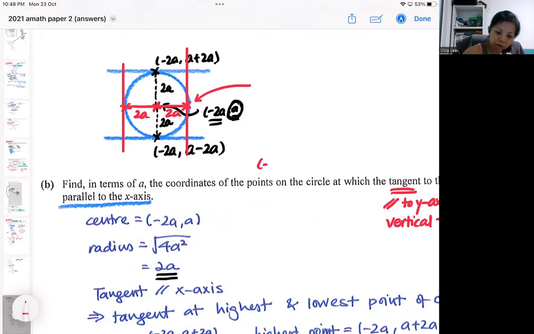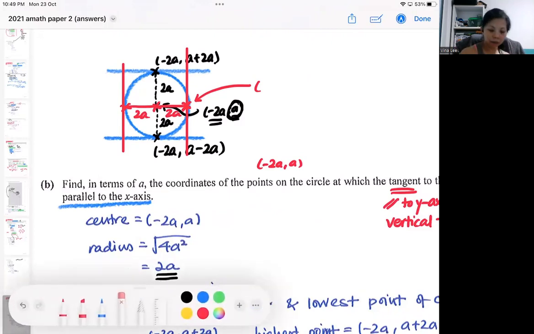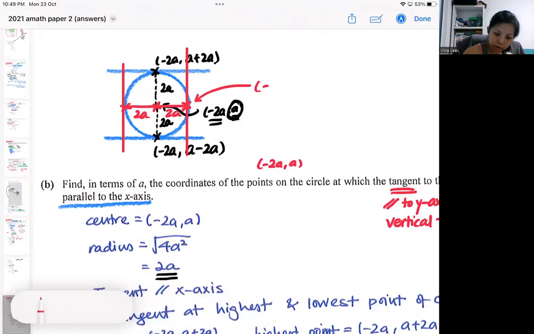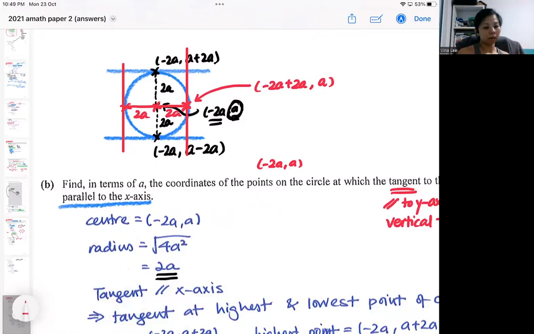So the original center was here. So apparently this point here will still use the same y coordinate. It's just that it's on the right side of the center. So if it's on the right side, you will add a 2a, and then you will still stay with the same y coordinate.